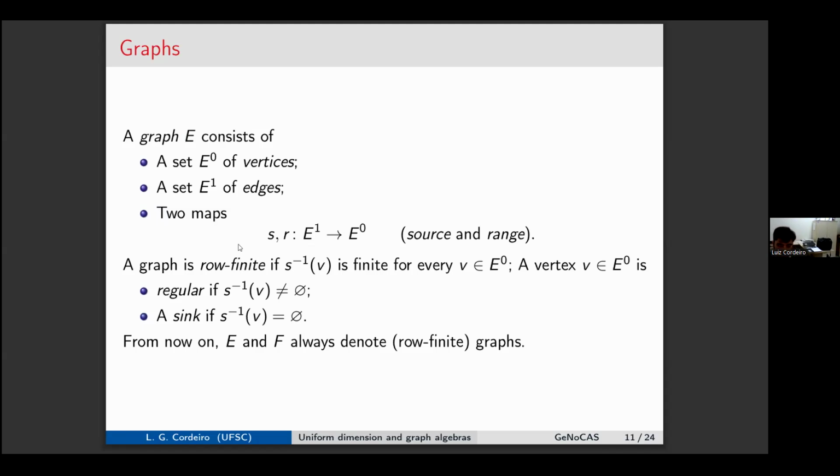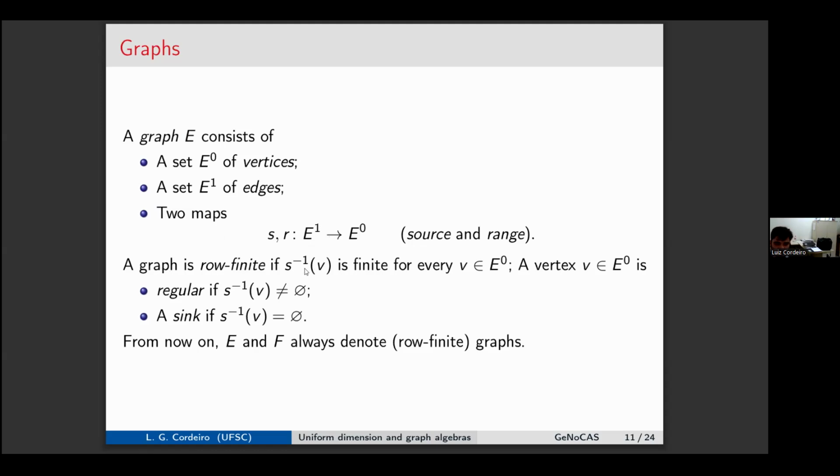So I'll just throw out some of the definitions that I'll be using. A graph consists of a set of vertices, a set of edges, and two maps, source and range, which map edges to vertices. And we'll be focused mostly on the row-finite case.